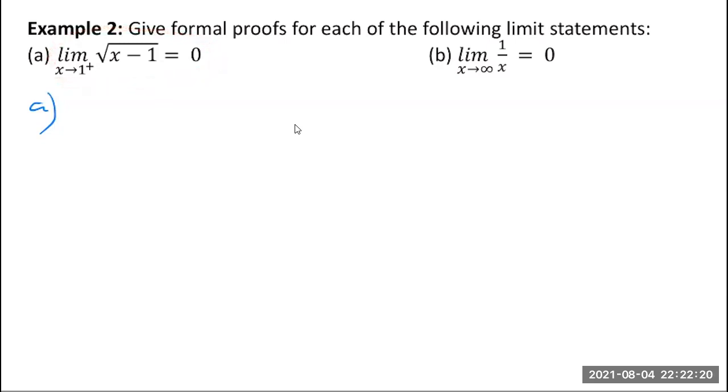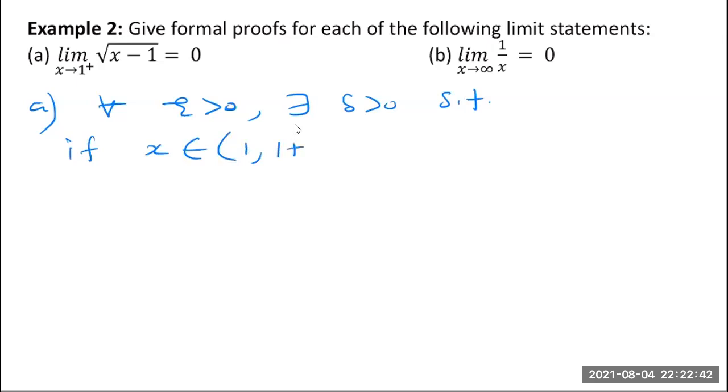This limit means for all epsilon greater than 0, there exists delta greater than 0 such that if x is between 1 and 1 plus delta, then the absolute value of square root of x minus 1, minus 0, should be less than epsilon. That's the formal definition for this limit statement, right?